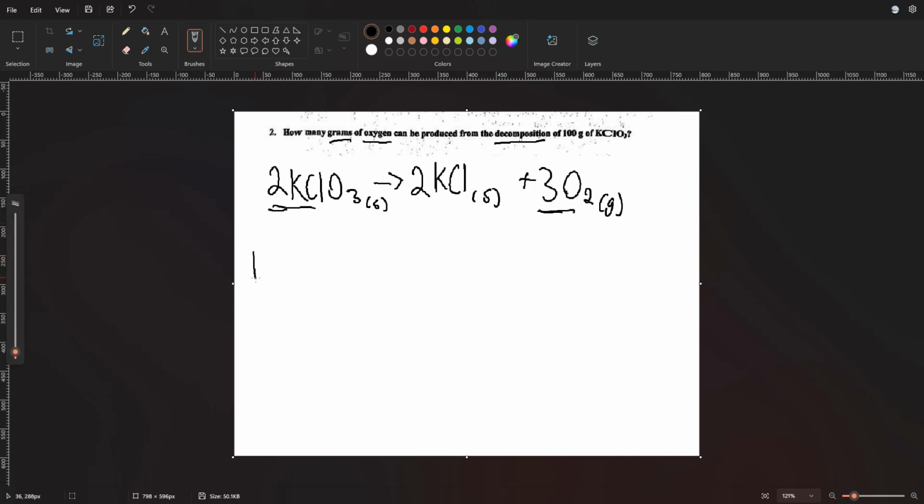So we're given 100 grams of potassium chlorate. So if you reference your periodic table, you'll find that the atomic mass of potassium chlorate is going to be 122.5 grams for every mole of potassium chlorate.